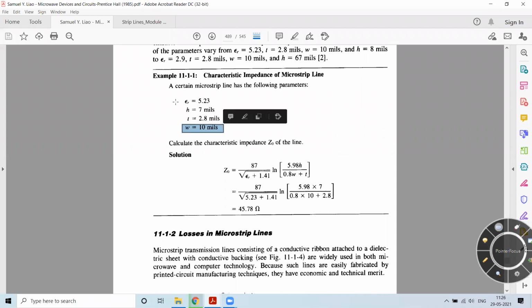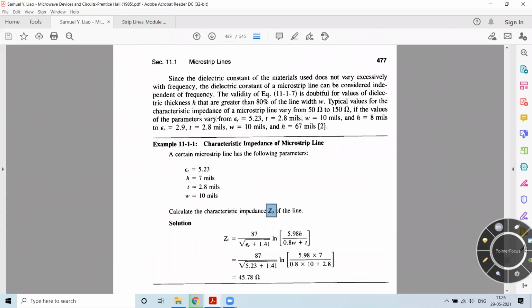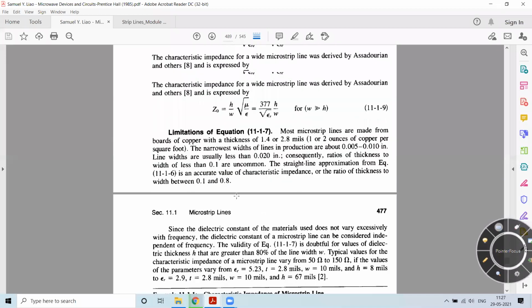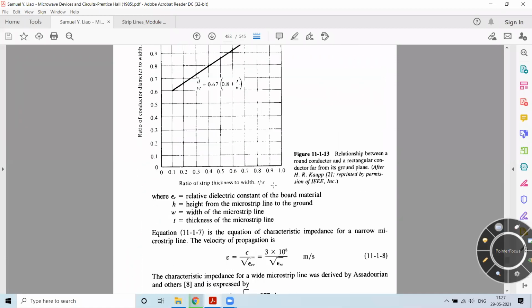These parameters are given, and you have to identify Z naught. In the previous equation, first we have to check the relation between H and W, and then we can decide which equation we can apply. In this case, this holds true, so we will be utilizing this equation.